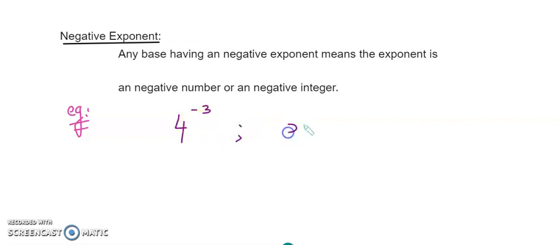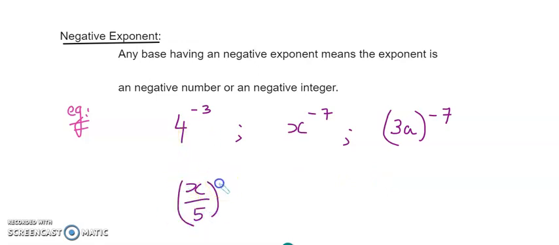We can also have x to the power negative 7. We can also have 3a the whole power negative 7, right? We can also have x upon 5 to the power negative 2. We can also have half to the power negative 3. So if you see, the bases are different in the ways I have written here. This is a whole number.